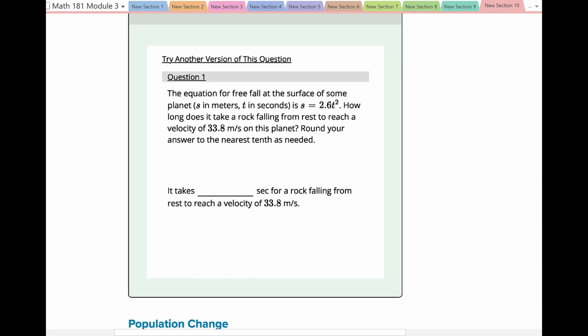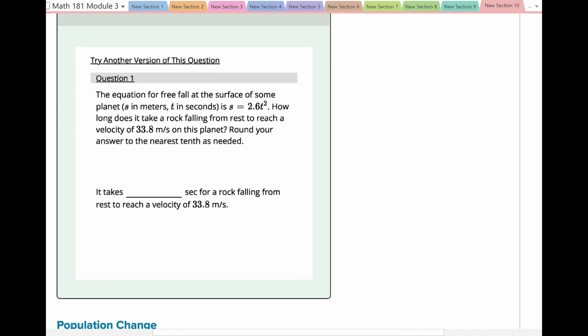So we have our position, our velocity is going to be the first derivative again. So that's going to be 2.6 times 2t, or 5.2t.